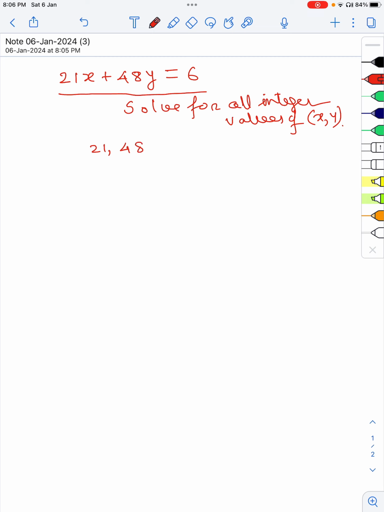Not only is 3 the common divisor of 21 and 48, but it is also a divisor of 6.